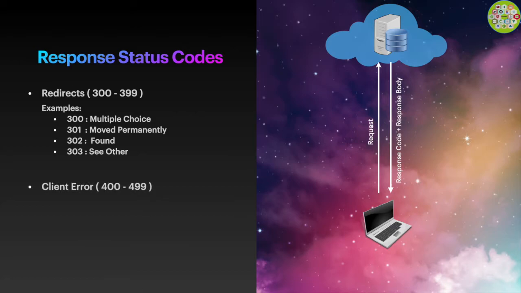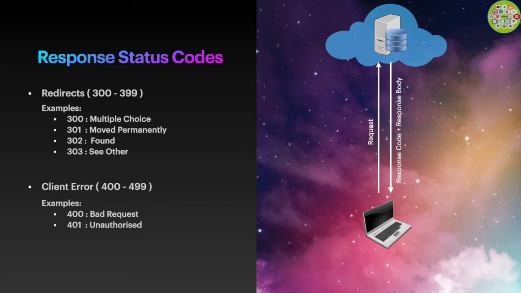So the first one is 400, that is bad request. This response code tells us the server could not understand the request due to invalid syntax. Although the HTTP standard specifies unauthorized, semantically this response means unauthenticated.